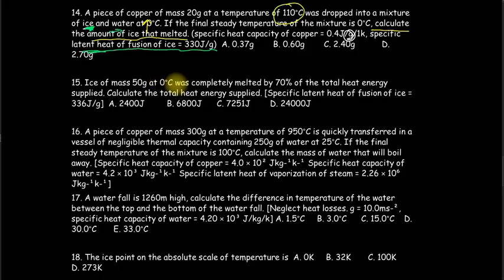Next question. Ice of mass 50 gram at 0 degrees was completely melted by 70% of the total heat energy supplied. Calculate the total heat energy supplied.